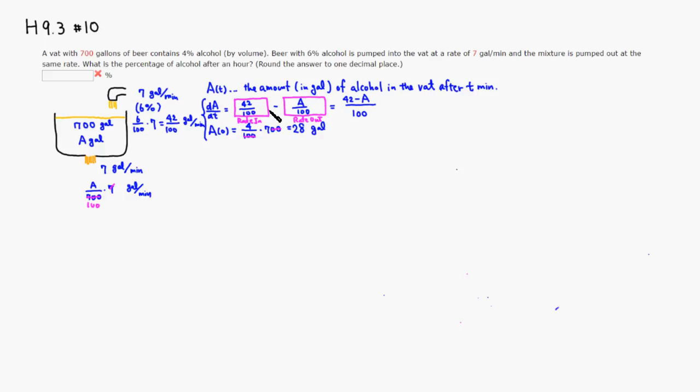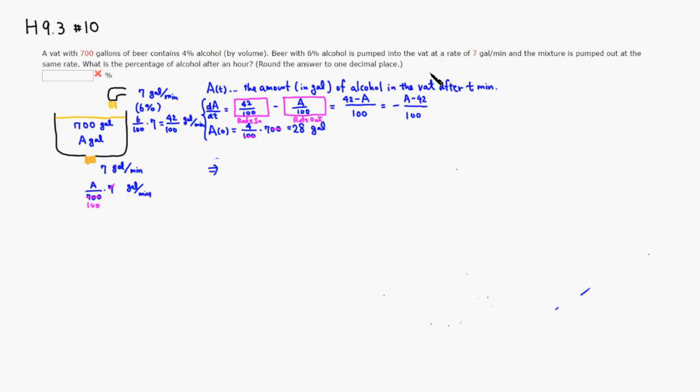The first thing I would do is divide through by 42 minus A. Actually, I'm going to step back a bit. This might make more sense: I'm going to take the negative sign out and write it as A minus 42.